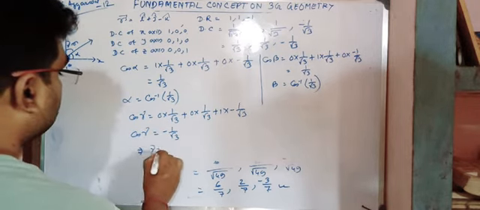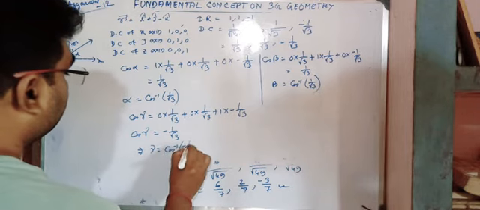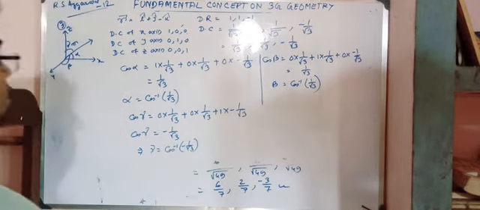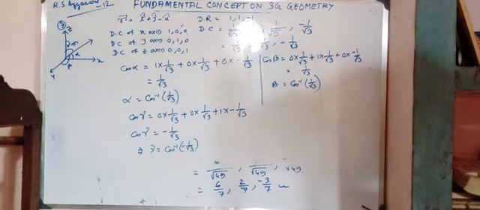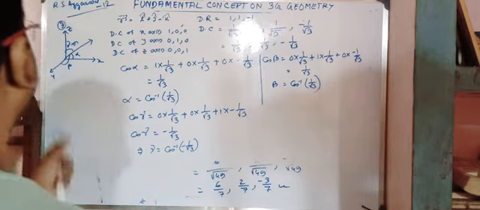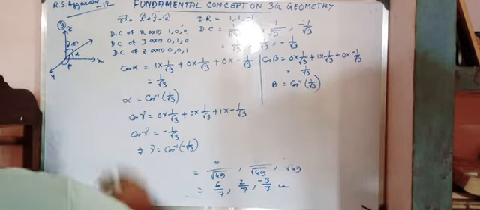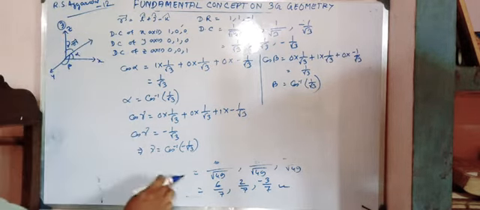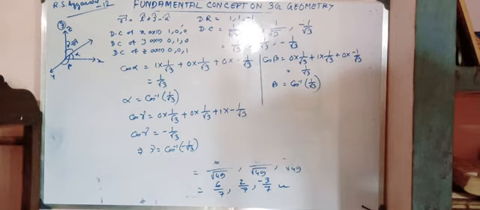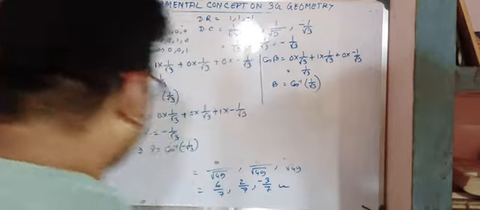So gamma equal to cos inverse minus 1 by root 3. So this r makes these angles to the coordinate axes respectively. So next move to another question.